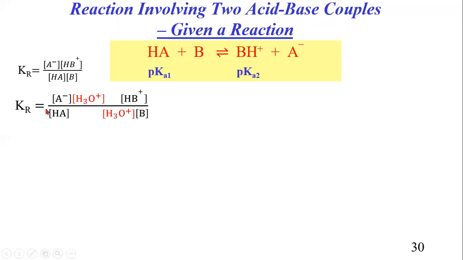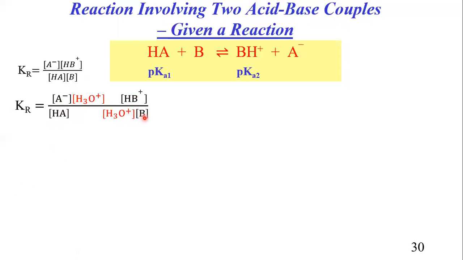And then take a look at what this expression reminds you of. A minus H3O plus divided by HA. Yes, that's like the Ka of HA. What does this remind you of?